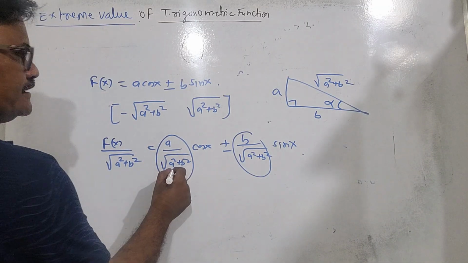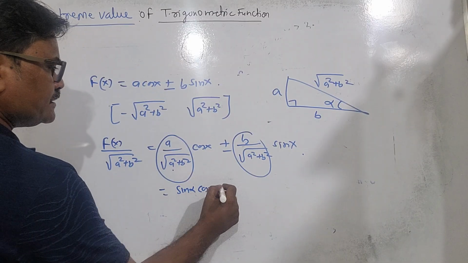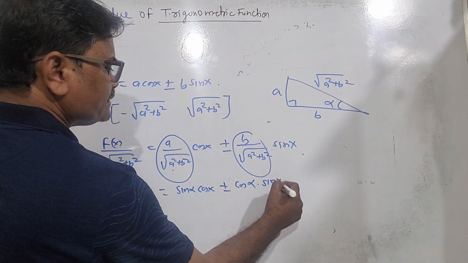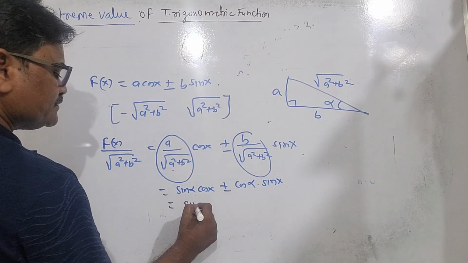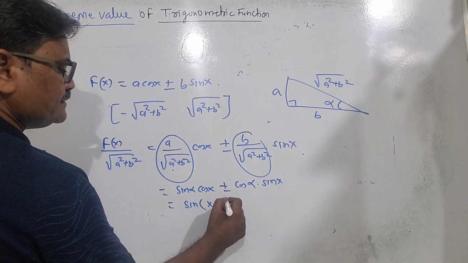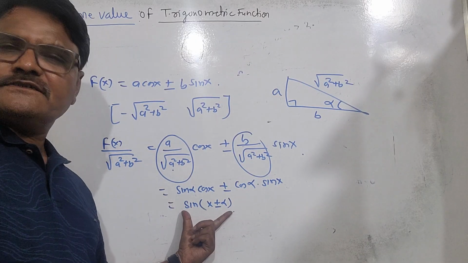Then this can be written as sin alpha cos x plus or minus cos alpha sin x. Correct? So this becomes sin of x plus or minus alpha. Correct? So this is a sine function.